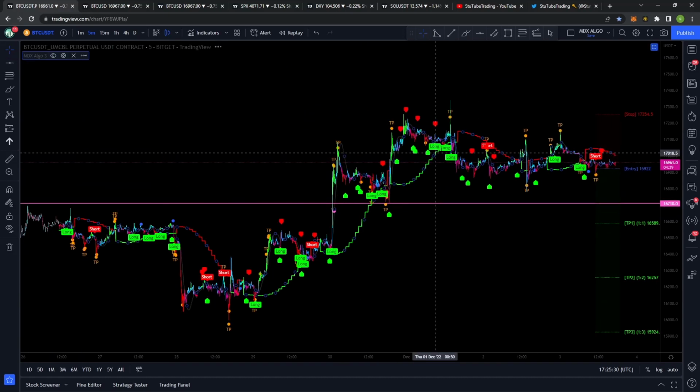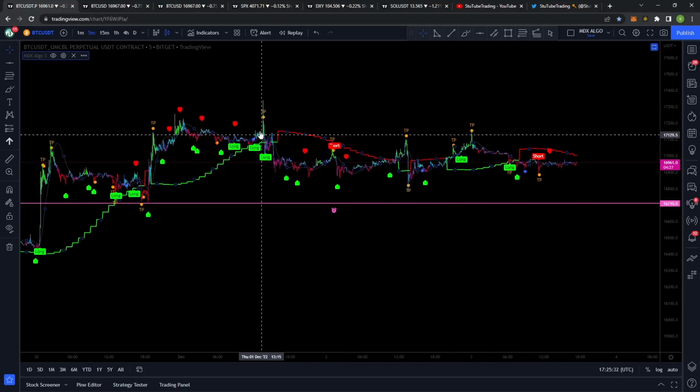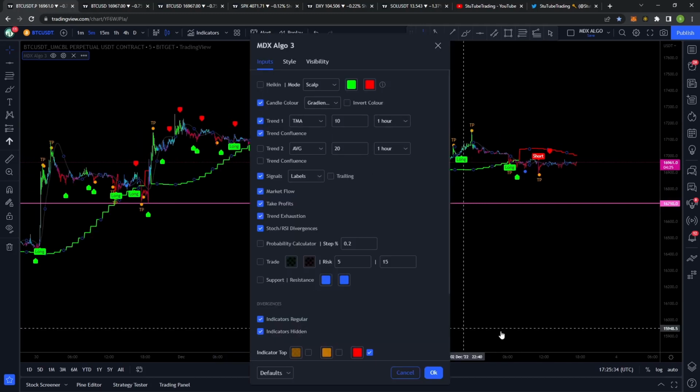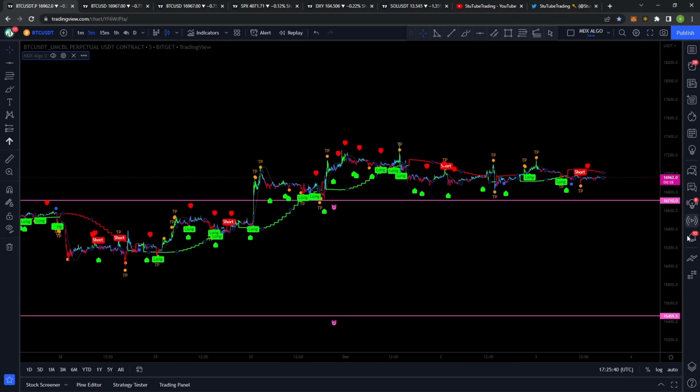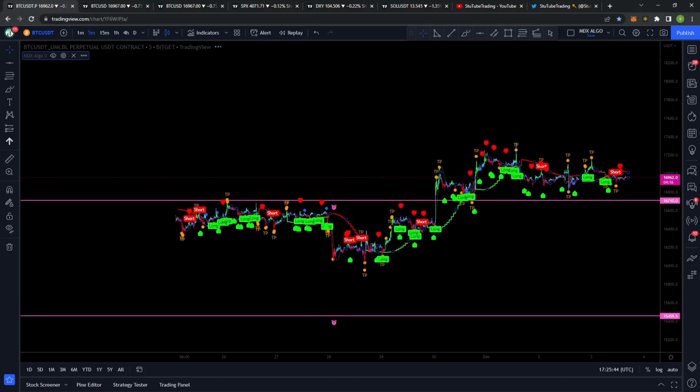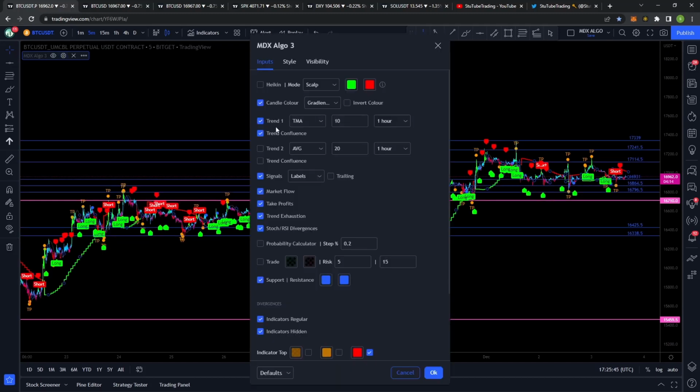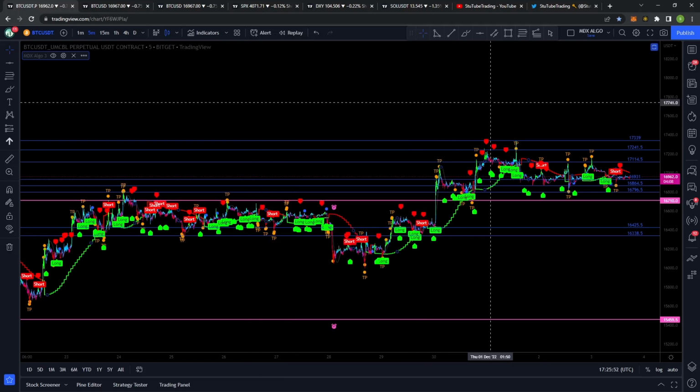Next, what I want to do is show you these support and resistance lines. This indicator can actually map out, it'll show up in blue lines here. I'm going to remove a few things just to clean things up as well. But this is a very cool feature as well.